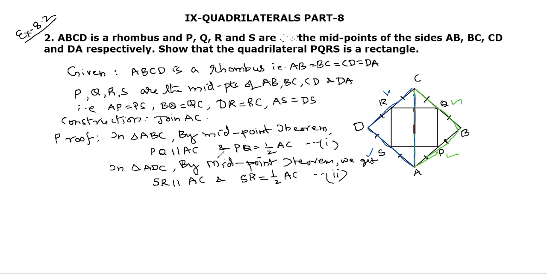Now if you see from the first and second result, PQ is parallel to AC and SR is parallel to AC. These two lines are parallel to the same line, so they are parallel to each other. That means PQ is parallel to RS, and PQ is equal to half AC and SR is also equal to half AC.